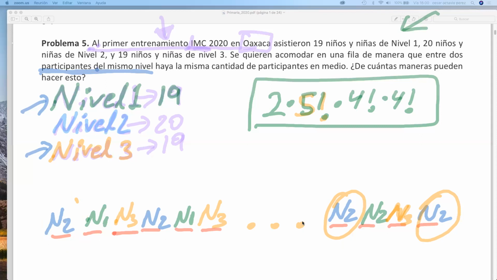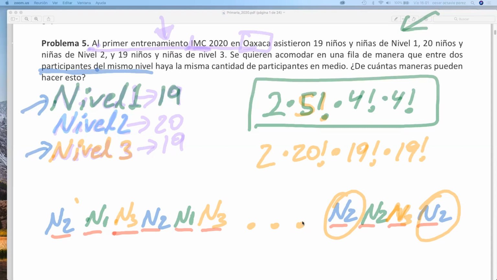It will be 20 factorial times 19 factorial times 19 factorial times 2.